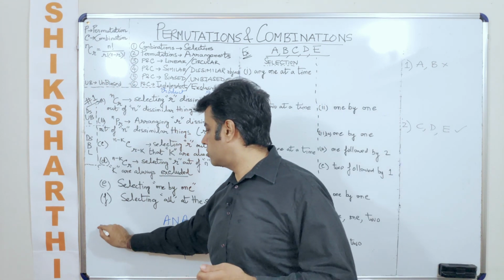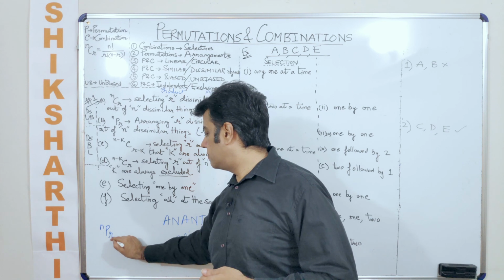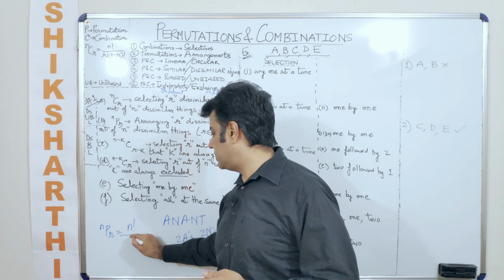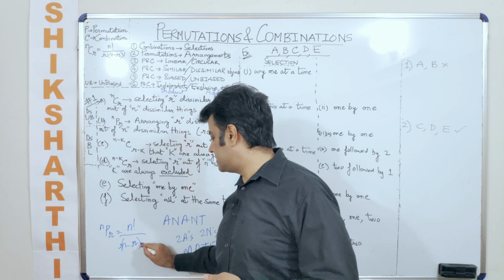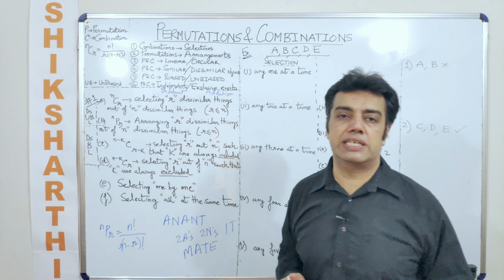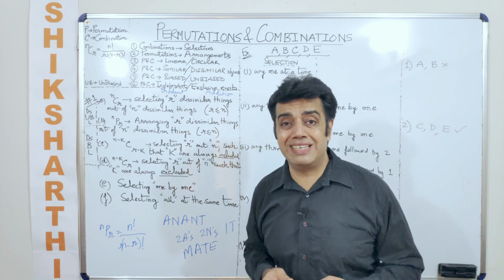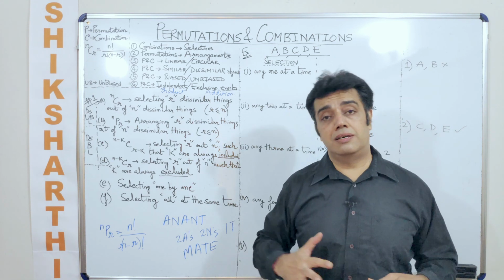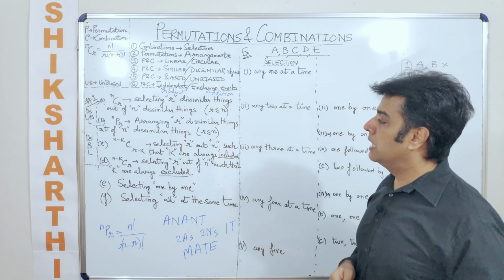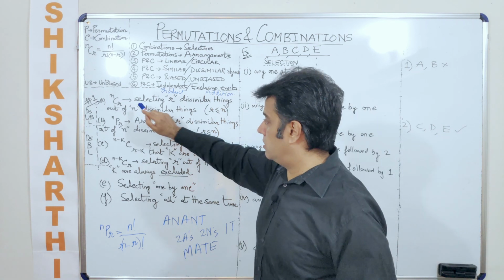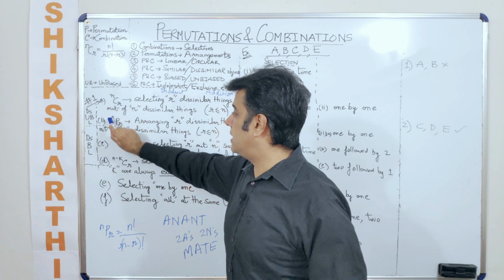Similarly, NPR is N factorial divided by N minus R factorial. This can be proved also. But here the objective is to understand what we mean by selection and what we mean by arrangement.